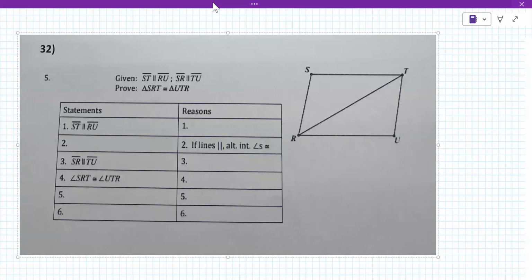All right, so we know that it's given. Given ST parallel to RU, that's good. And then the other given is down here, SR, so we'll use double for that.